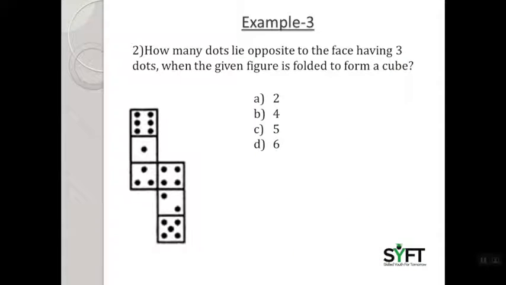Next, go to the third example where we have a different variety of picture, and we have to deduce a different set of die rolls based on this picture. In this kind of picture, you will have a diagram that shows all the numbers in different sequences or positions, and you have to find out, when this is folded into a cube structure, which number lies opposite to which number.